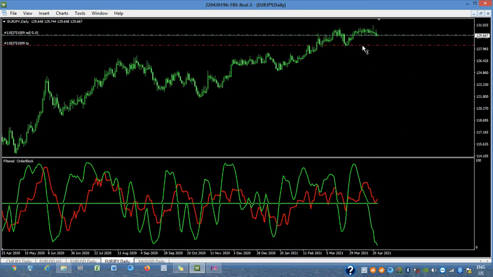Anyway, our GBP Yen yesterday, it's bad news. It was stop loss at around 100 pips. So that's the bad thing of counter trades.